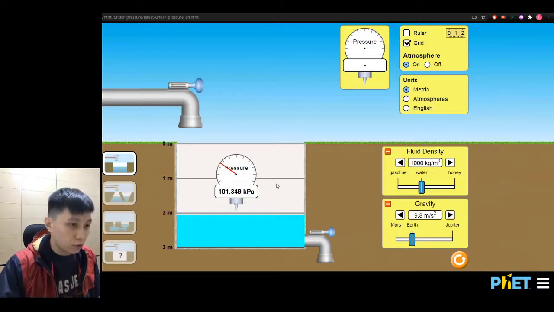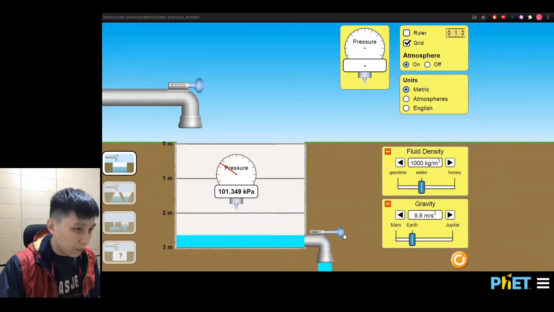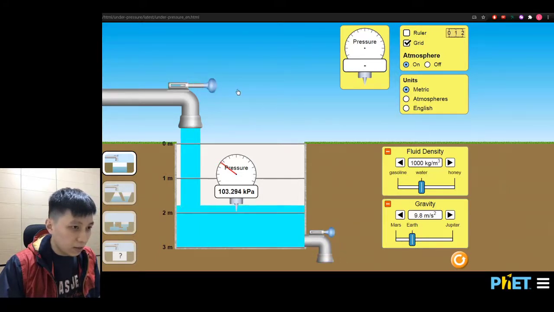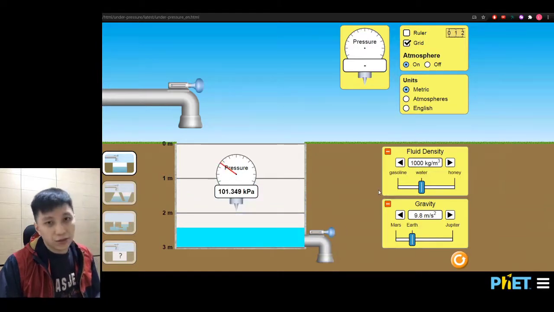Interestingly, one thing you should also look at is when the water is no longer touching the pressure gauge, you can see it doesn't actually change. So it's only effective, of course, when you have more water or less water above the pressure gauge.